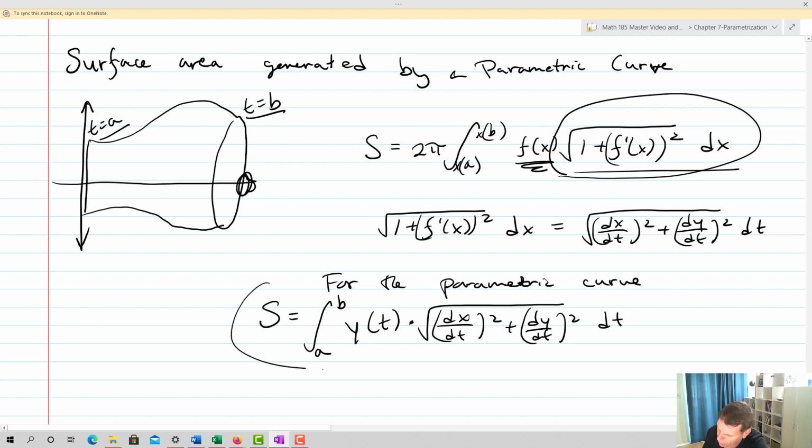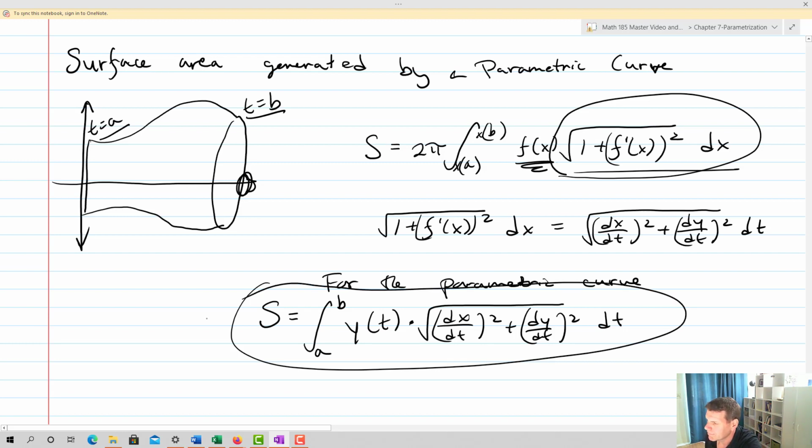And that is our formula for the surface area. And there you go. We call this surface area. S was also called arc length, which we now call surface area.